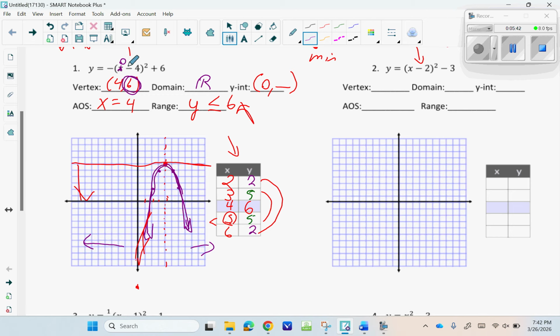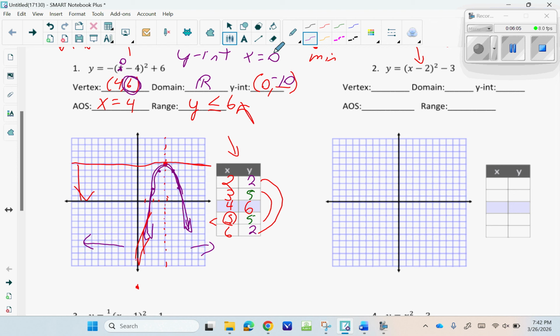So this is going to be 0 minus 4 is -4. -4 squared is 16. That's going to be a -16. -16 plus 6 is going to be -10. So again, to find the y-intercept, you're always going to set x equal to 0.